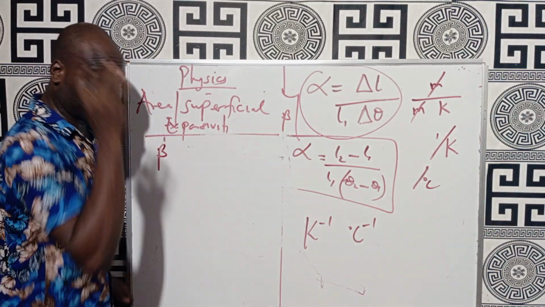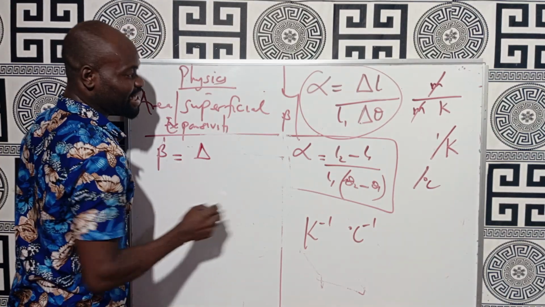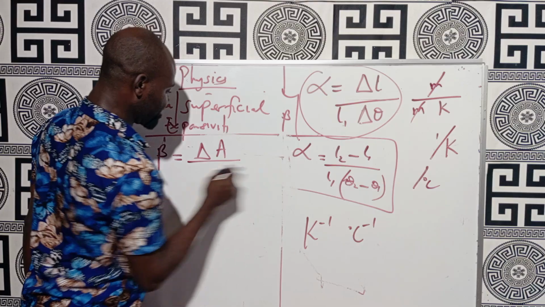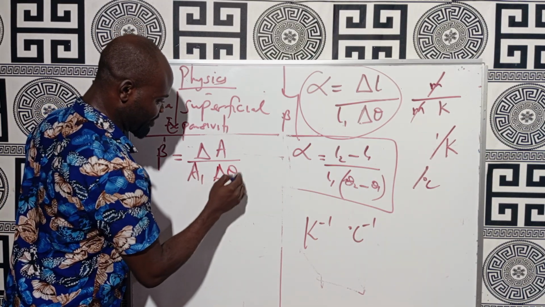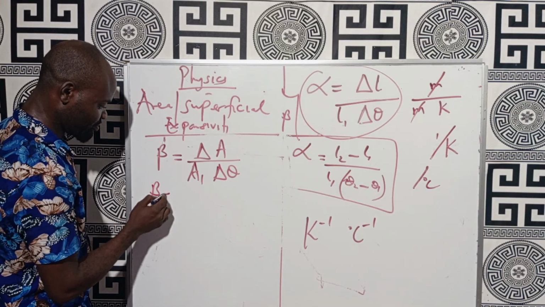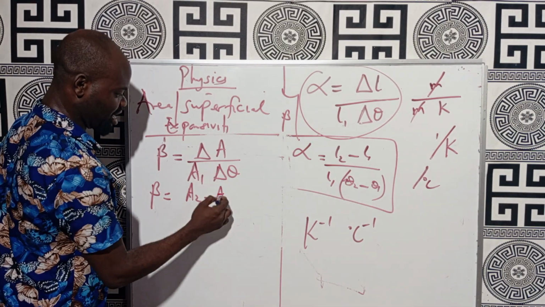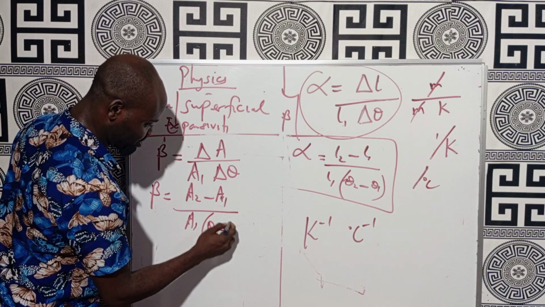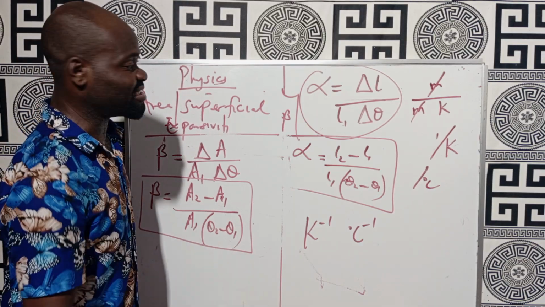It is defined as the increase in area per unit area A1 for each degree rise in temperature. The change is the second area minus the first area, A2 minus A1, all over A1, times theta 2 minus theta 1. That's the formula for area expansivity. And of course, the unit is still the same.